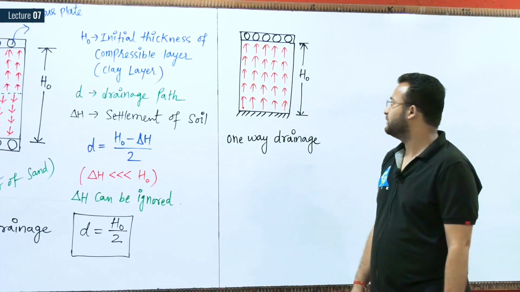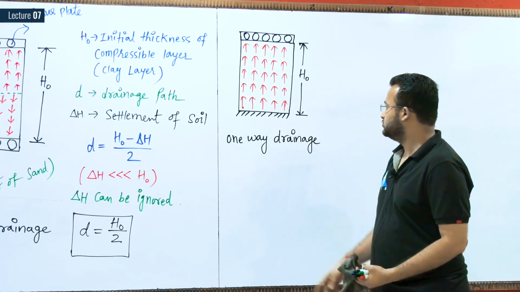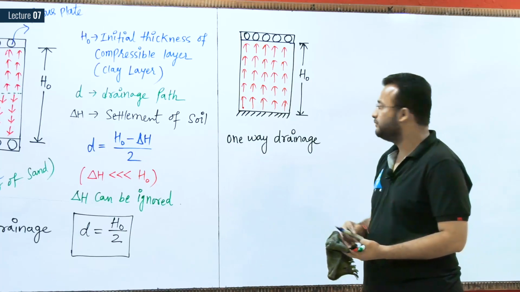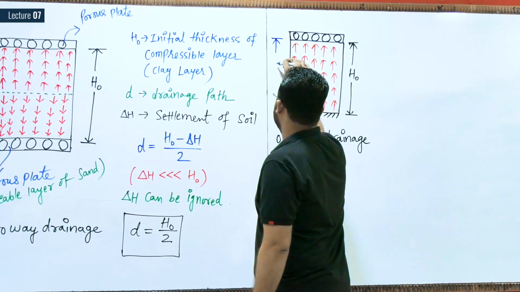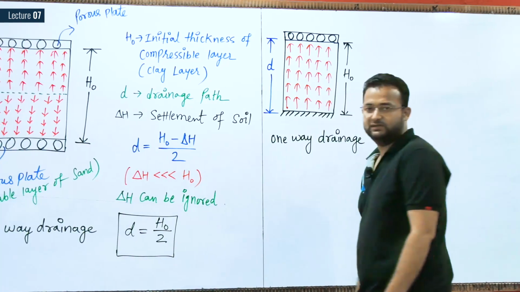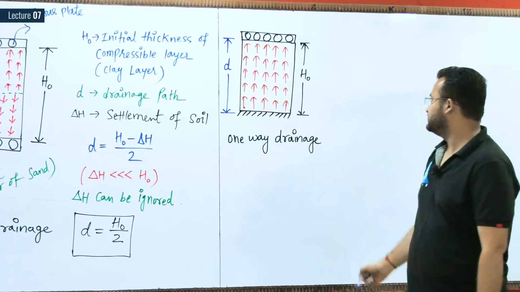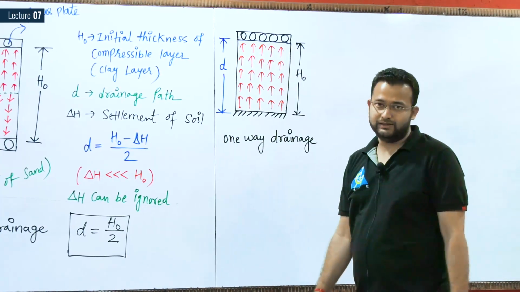So H0 is the thickness of the compressible layer. Can you tell me what the drainage path is here? Of course, this will be your drainage path. Drainage path means the distance water has covered in this soil, from here to here.